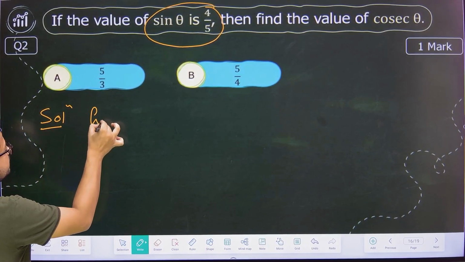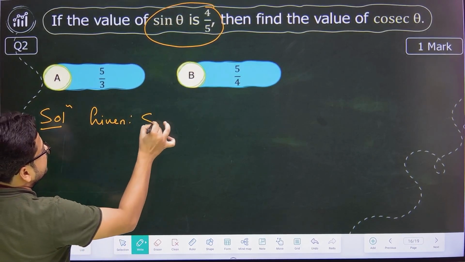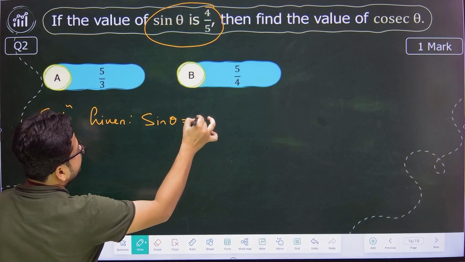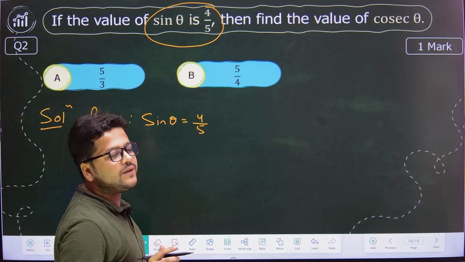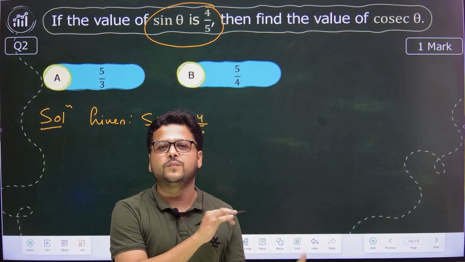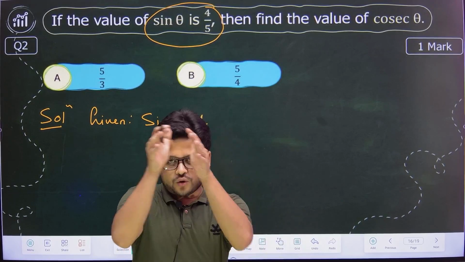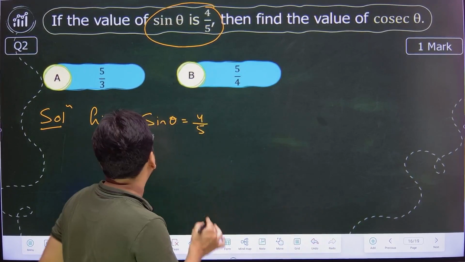What is given over here? Sine theta equal to 4 by 5 and we have to find the value of cosec theta. Students, as I told you, the reciprocal relationship: sine cos tan, cosec sec cot. Cosec theta is reciprocal of sine theta.